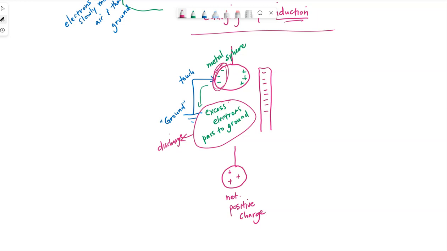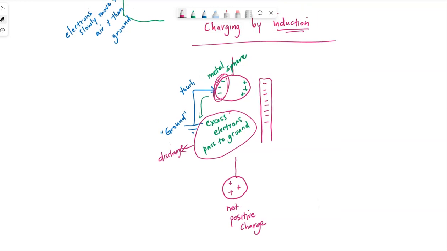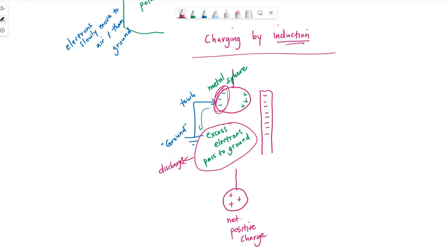That's discharging, removing charge. That leaves us with this net positive charge. This process, even though there's still touch, is called charging by induction because we had to first bring this rod nearby to cause the polarization on the sphere.